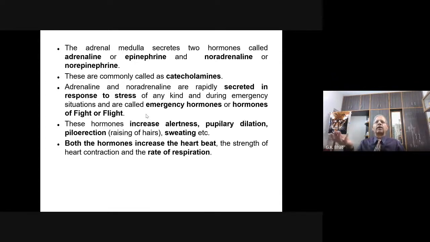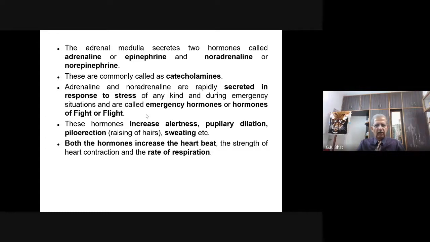When we are frightened, at that time you will see that they are secreted more. When we are fighting with another, at that time also they are produced more. And whenever we are running, whenever we are in flight, at that time also they are produced more.